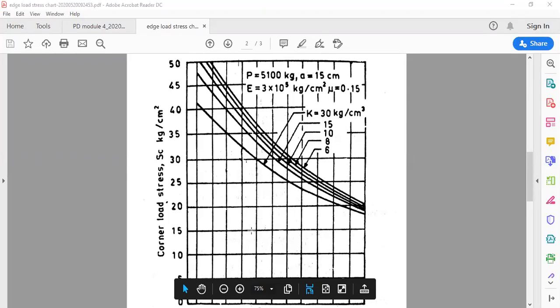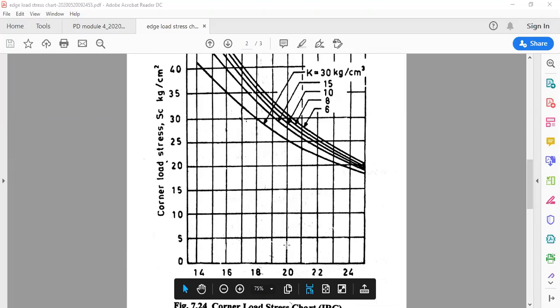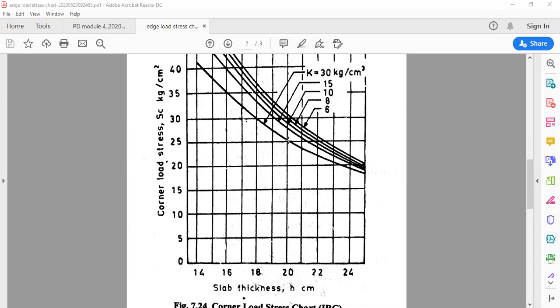So 20 is the thickness of the slab, just extend it, and our K value is given as 30 kg per centimeter cube. Just cut this curve and you will get your corner stress a little bit higher than 25, so you can adopt 25.5 or 26 as your corner load stress in kg per centimeter square. So this is how we can calculate wheel load stress using IRC design chart.